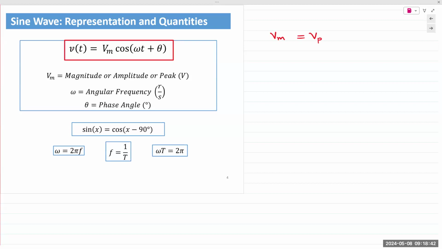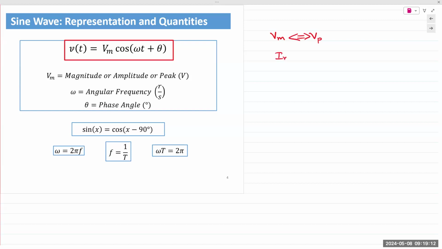So in the waveforms, it's always plotted with respect to time. So it's always time on the x-axis, right? We say V of t or I of t. So the voltage or current as a function of time, meaning what is the value of this voltage or current at any given point in time. And so this mathematical expression describes that value. So Vm is the same as Vp.